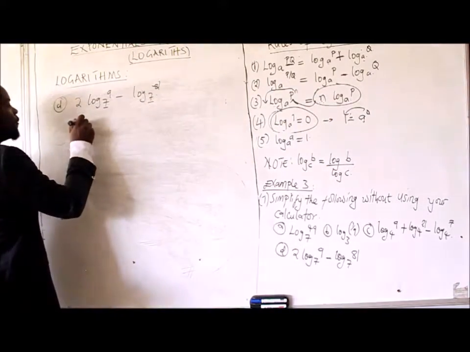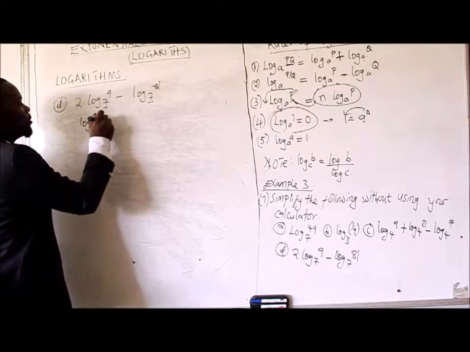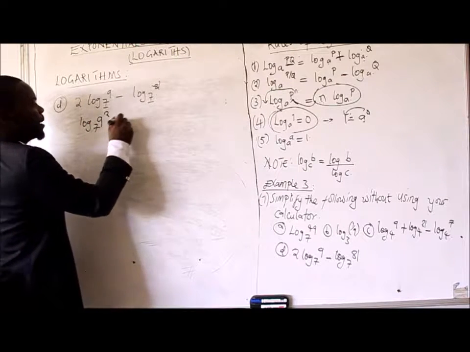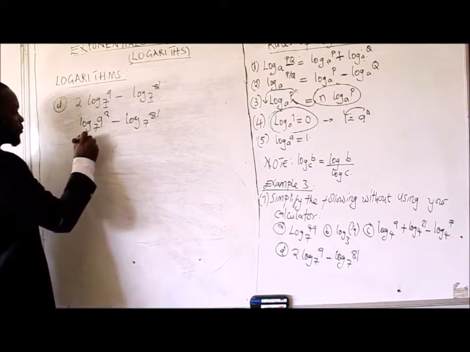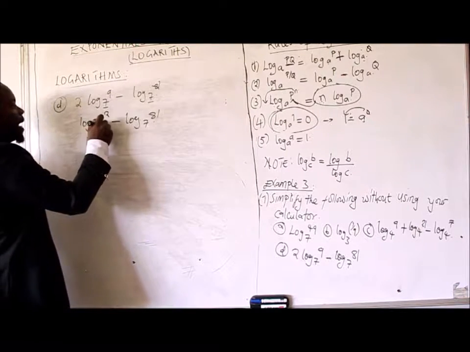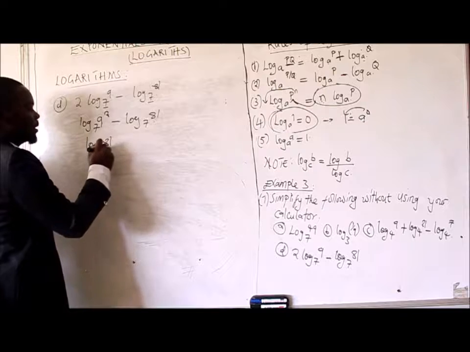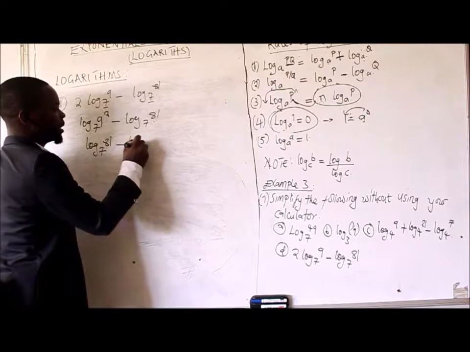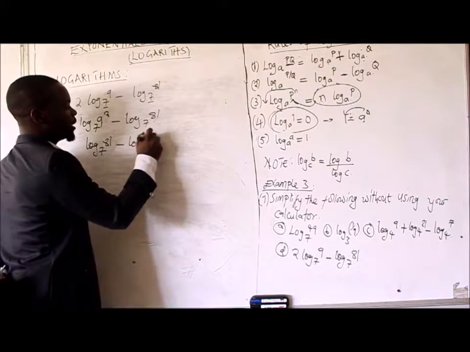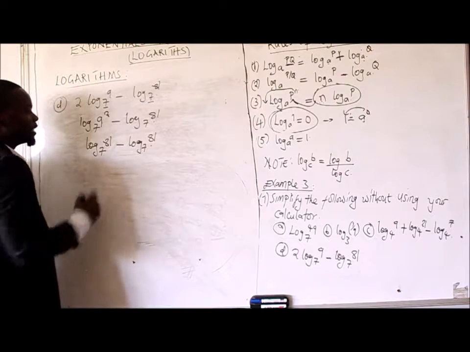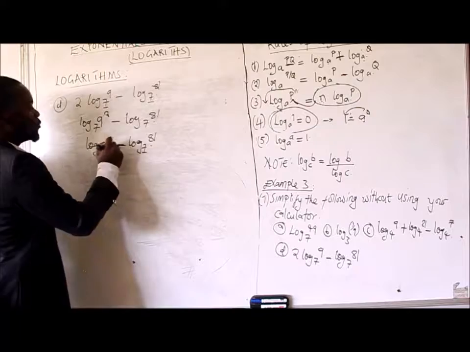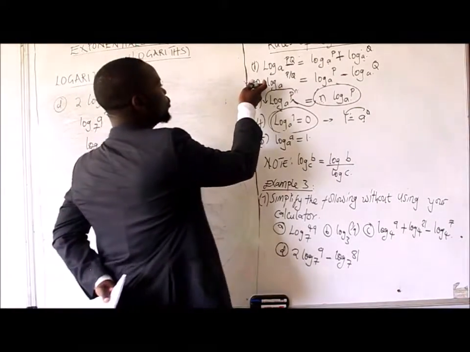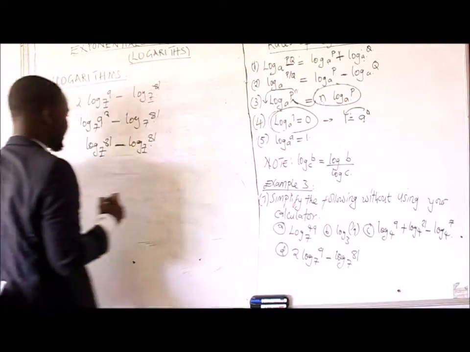Meaning that we are going to have log of 9 to the power 2 base 7 minus log of 81 base 7. So we have log of 9 squared, which is 81, base 7, minus log of 81 base 7. Since we are subtracting and we have the same base, according to rule 2 we divide.